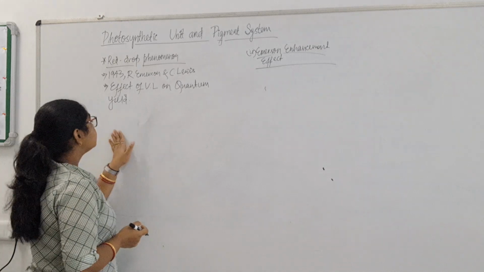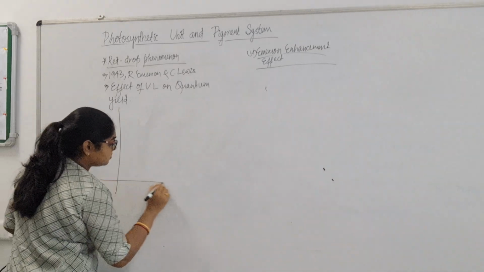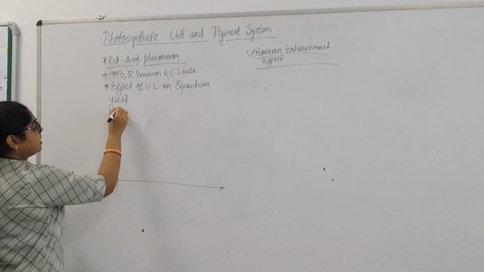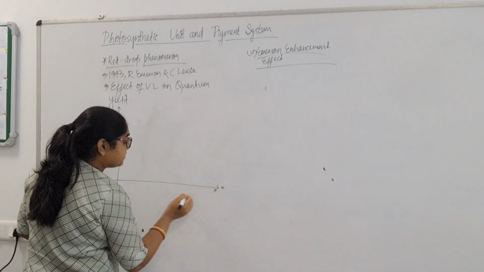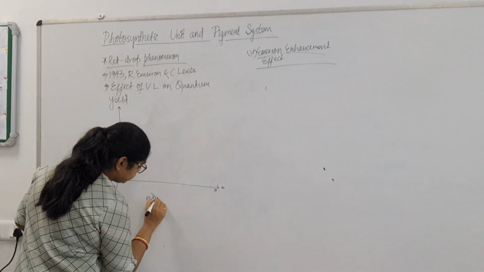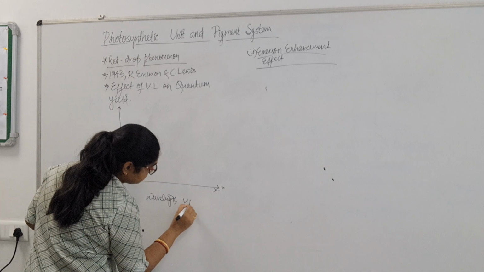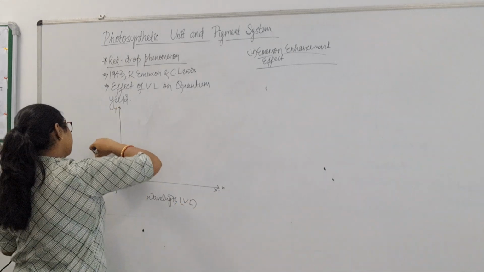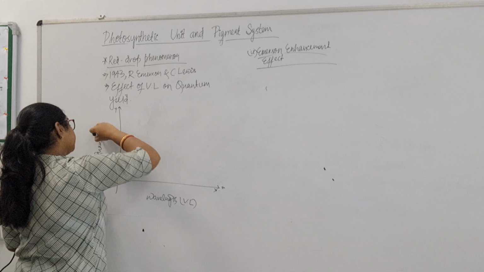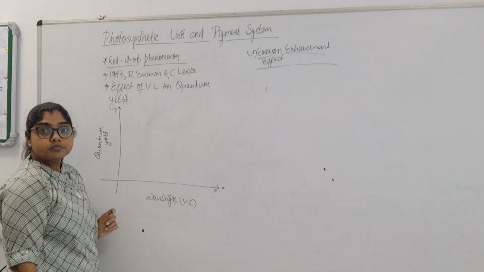To understand it better, we will plot a graph in which we take the x-axis for the wavelength of light, and for the y-axis we take the quantum yield of photosynthesis.